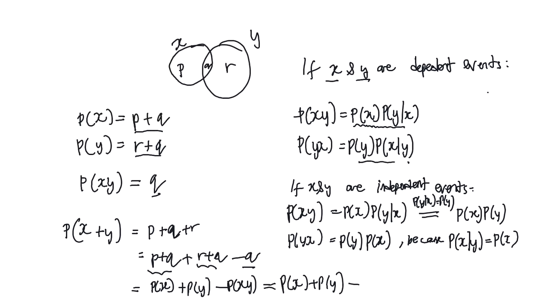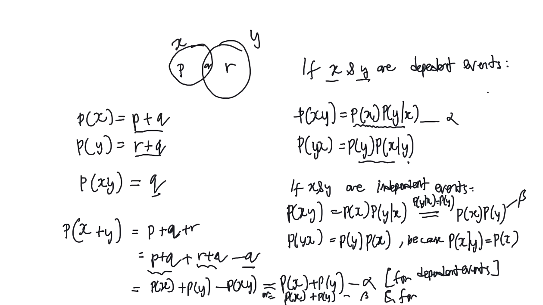Let's say this is alpha, so it will be alpha for dependent events, or P(x) plus P(y) minus beta, let's call this beta, for independent events.